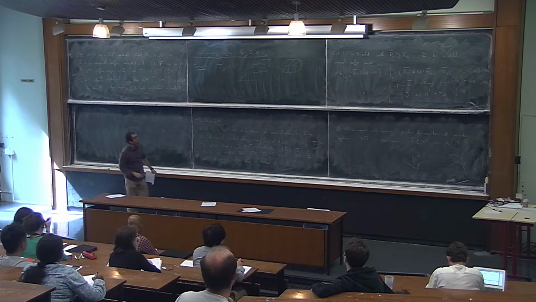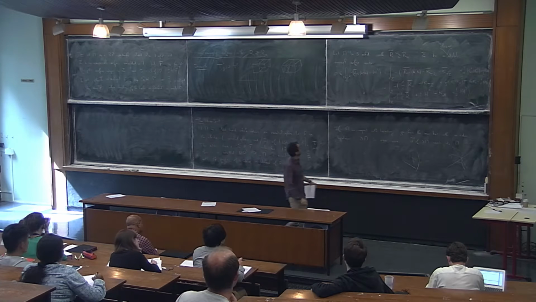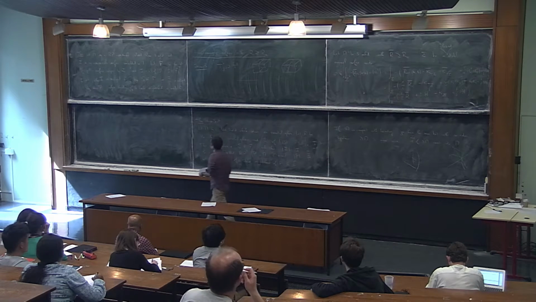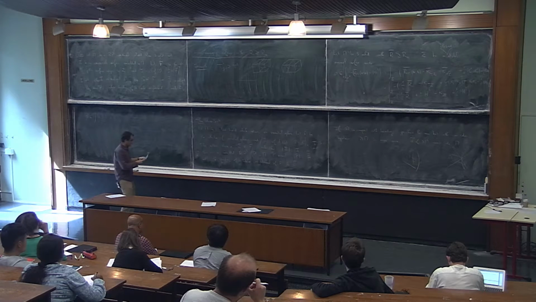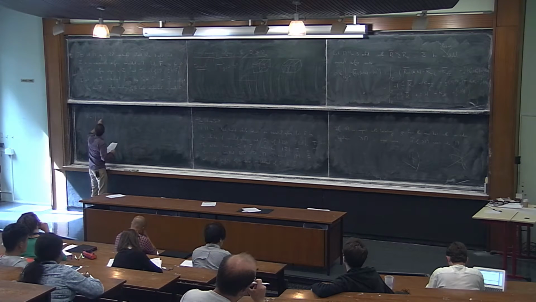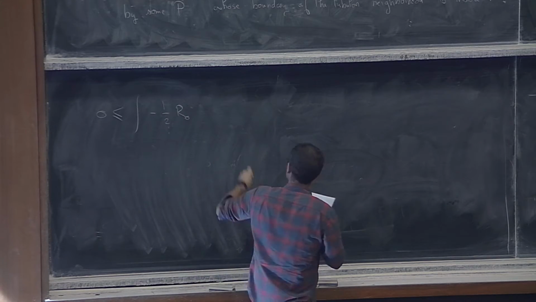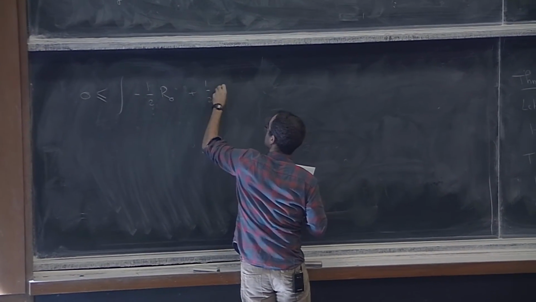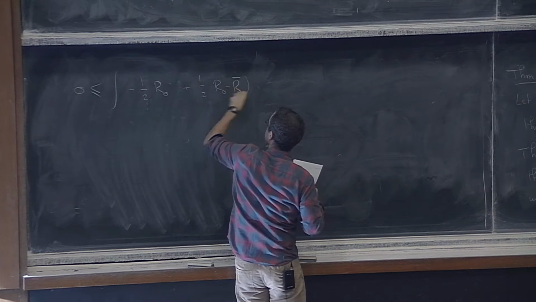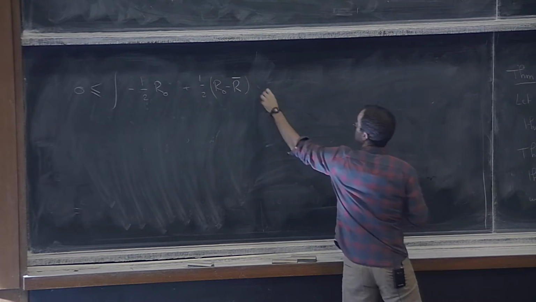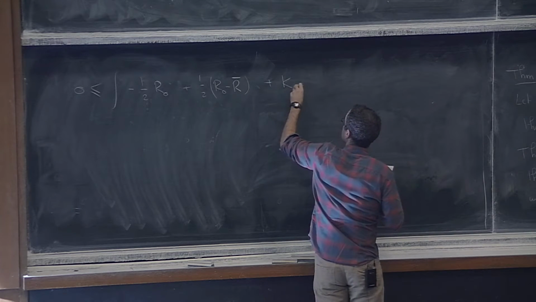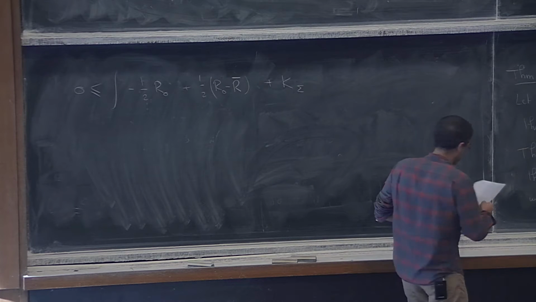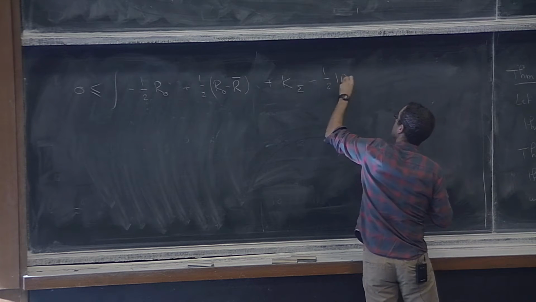Okay, but now I put the hypothesis, the fact that R bar is larger than R naught. So I get that the integral, so something is non-negative, so it's integral minus 1/2 of R naught plus 1/2 of R naught minus R bar. Okay, plus. So I use the fact that here the surface is minimal, so I have the curvature of the surface minus 1/2 A square.